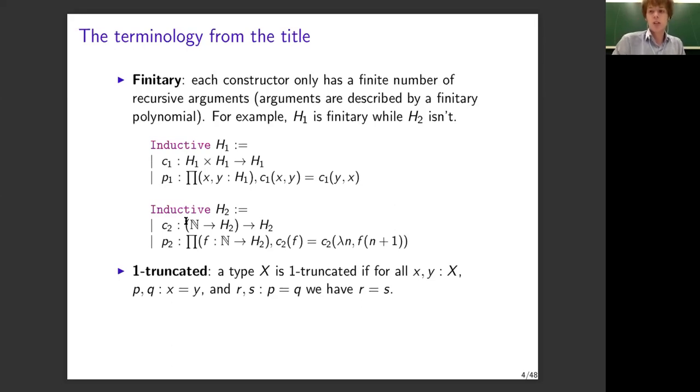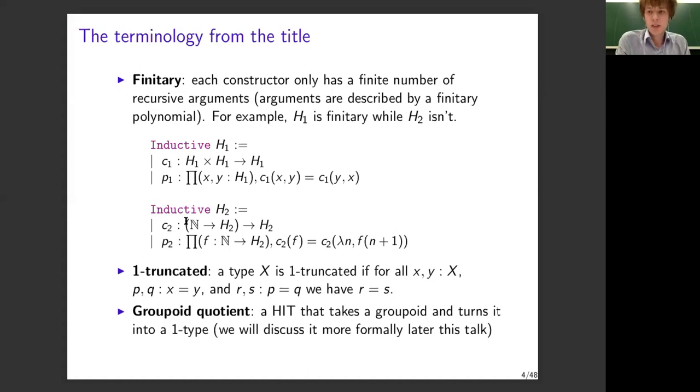You can think more systematically about this definition by using the terminology of n-truncated. Minus one truncated would be that every two points are equal. Zero truncated would be that for every x and y, the type x equals y is minus one truncated. And one truncated would be that for every x and y, the type x equals y is zero truncated.